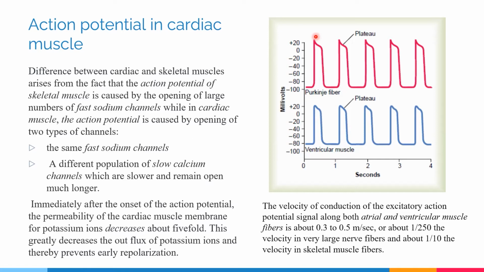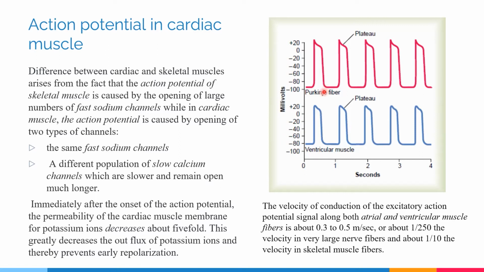The flow of potassium ions out of the cell causes the interior of the cell to become negative as positive ions are flowing out, and this begins the process of repolarization, by which the membrane potential again drops back to the original resting levels.